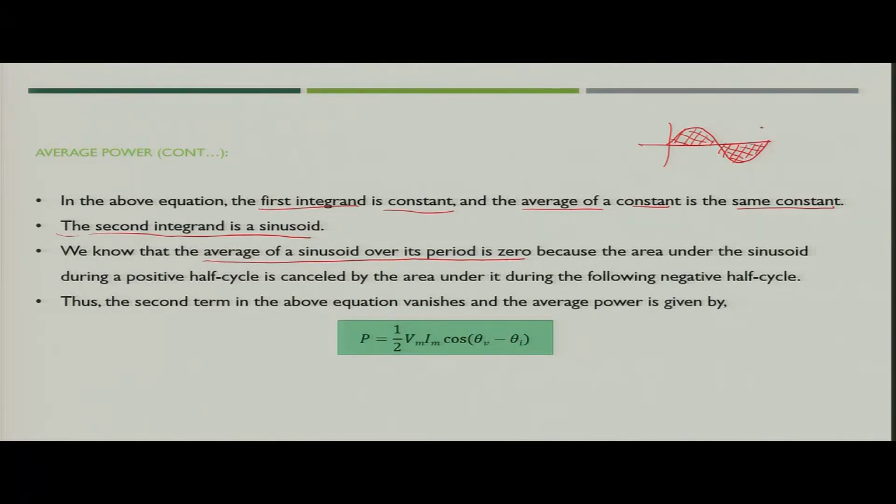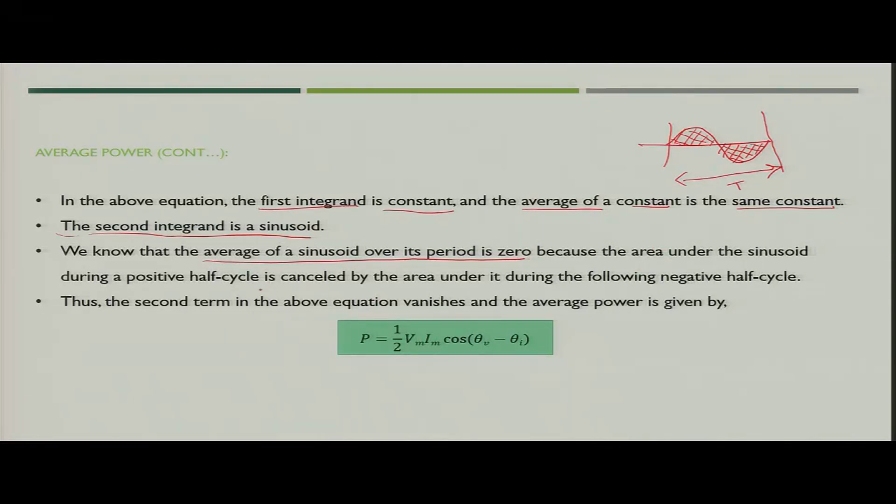So, if you take the average over a particular time period T, the positive will cancel out the negative. So, eventually the average of this sinusoid over a time period would remain 0.